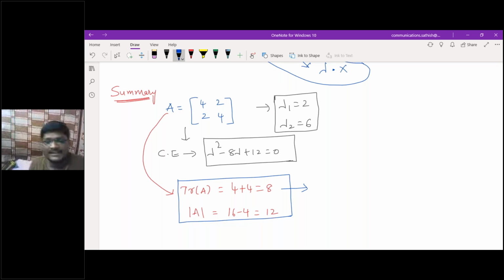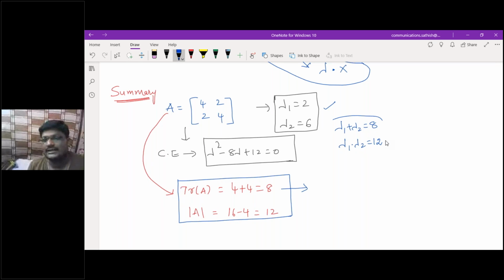If you add the eigenvalues, what do you get? What is lambda 1 plus lambda 2? 8. And lambda 1 into lambda 2, the multiplication? 12.